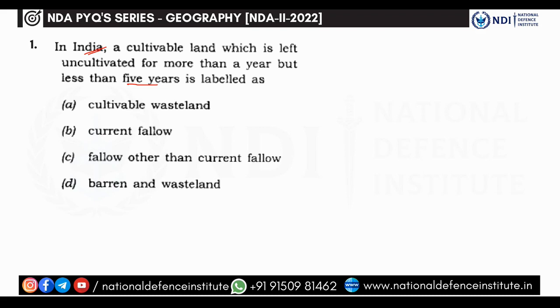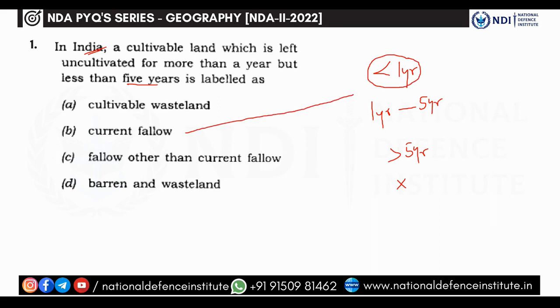We have certain classification of agricultural lands which are left uncultivated for less than 1 year, between 1 year to 5 years, more than 5 years, and which are not at all used for cultivation. The land which is not cultivated for less than 1 year, we call current fallow land. The cultivable wasteland are lands which are uncultivated for more than 5 years.